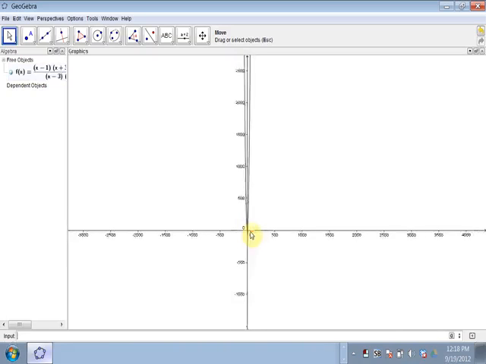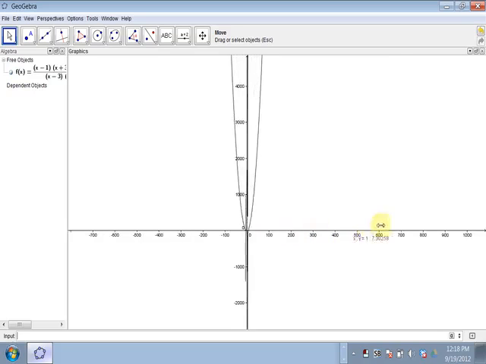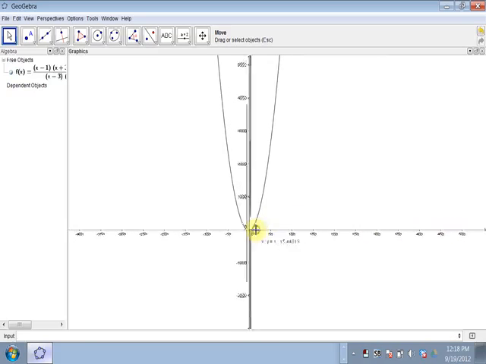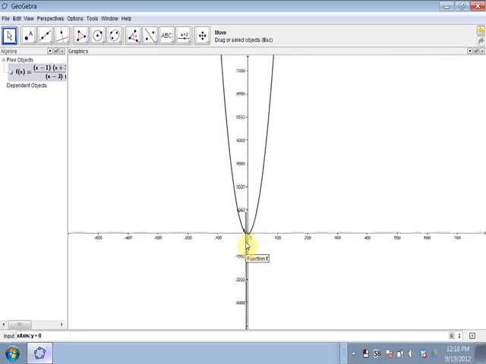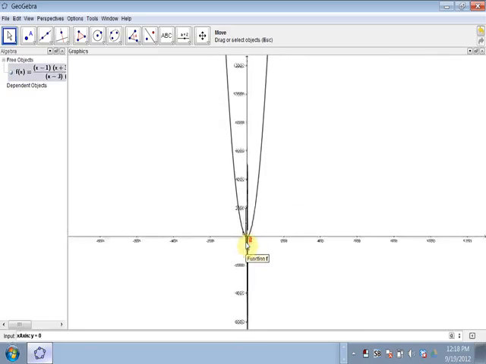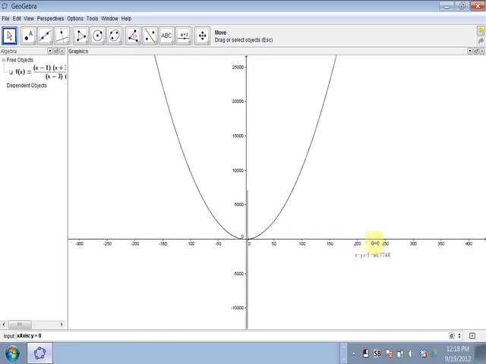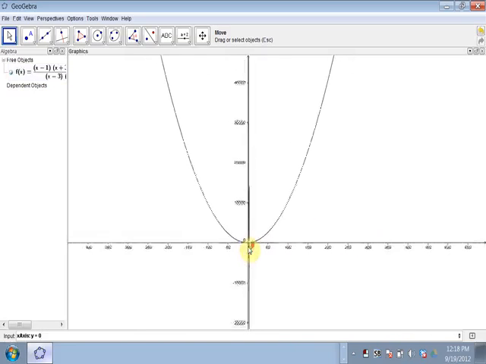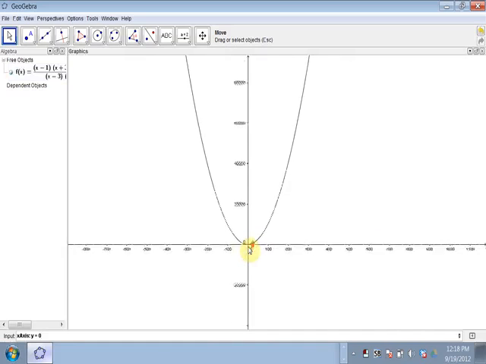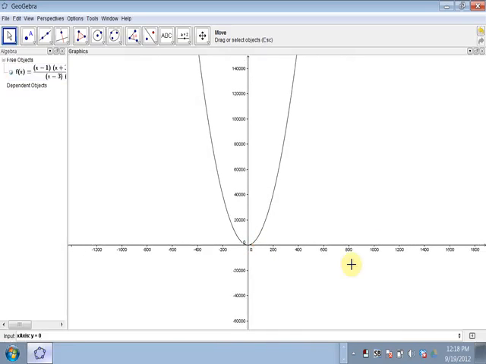This is getting a little bit skewed, so to make this more clear, I'll stretch it out horizontally for you, like that. Just keep zooming out. Well, by golly, what does this look like? It actually looks like a parabola. Right? It's a parabola.